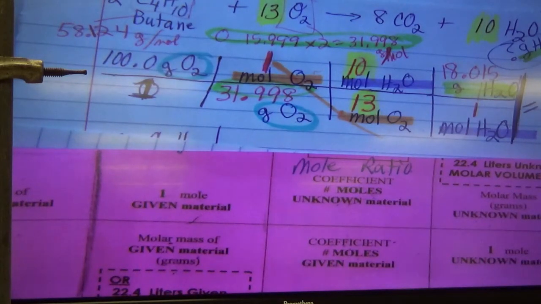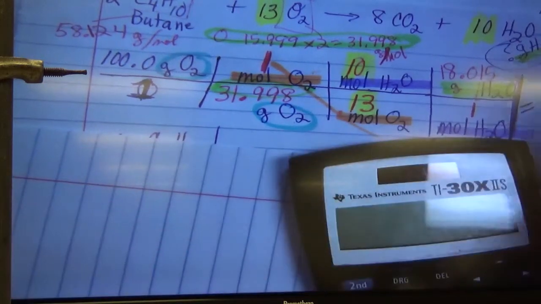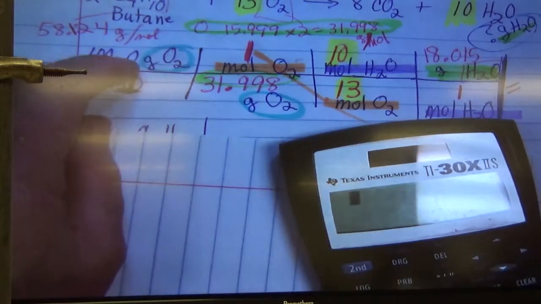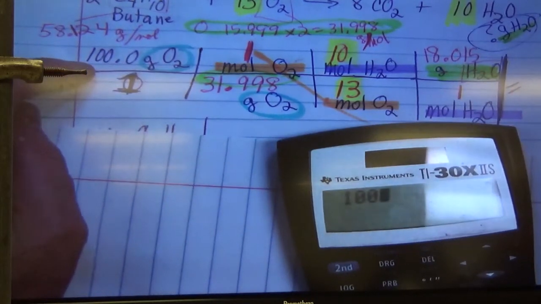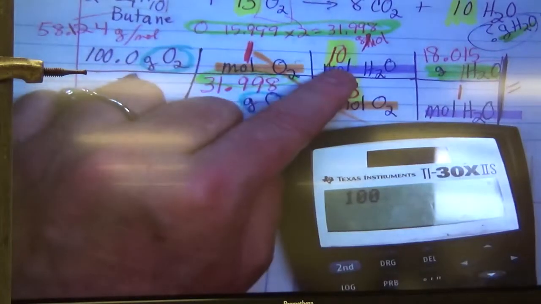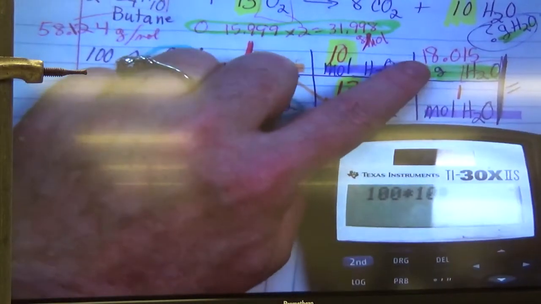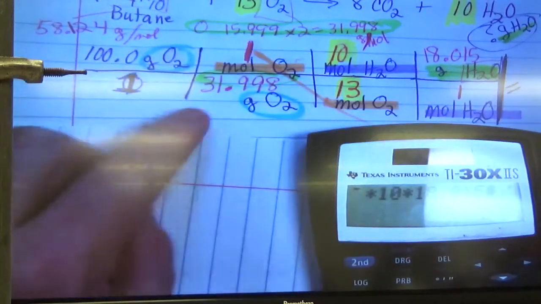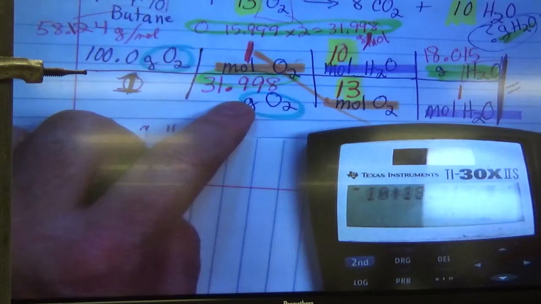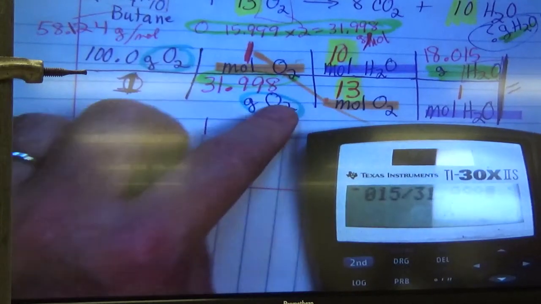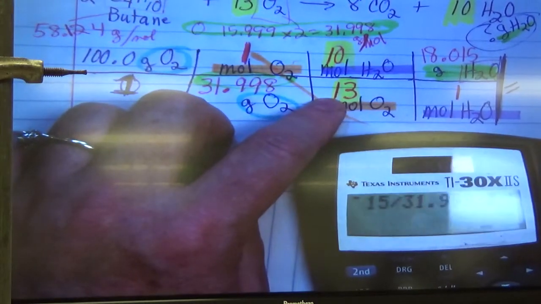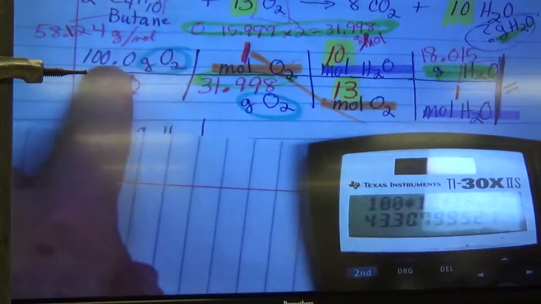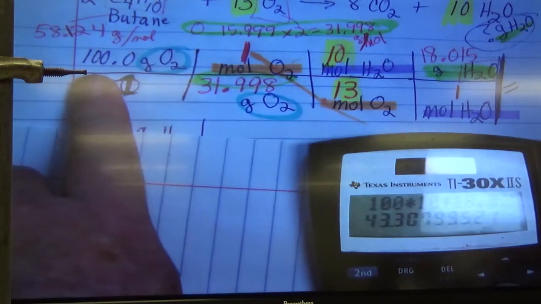Okay, we're now ready to calculate. And I will point to the number as I put it in my calculator so you can follow along. You can even do it yourself. Okay, 100 times 10 times 18.015 dividing by 31.998 and dividing by 13 equals, okay, you see how at the beginning there are 4 digits, 100.0, that's 4 digits.